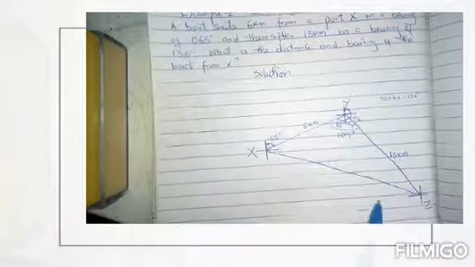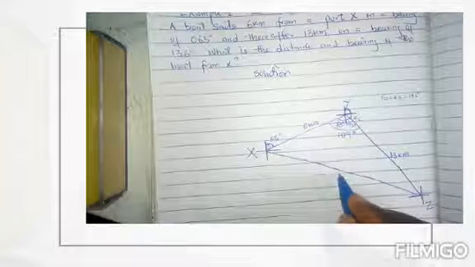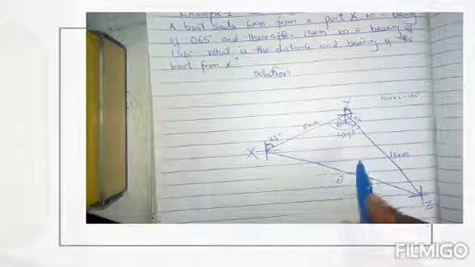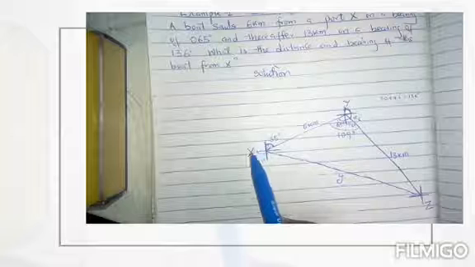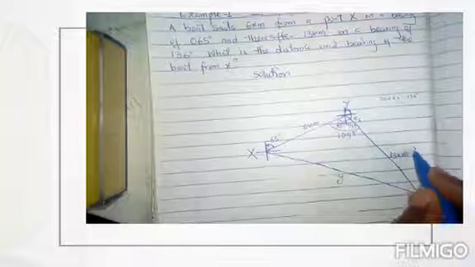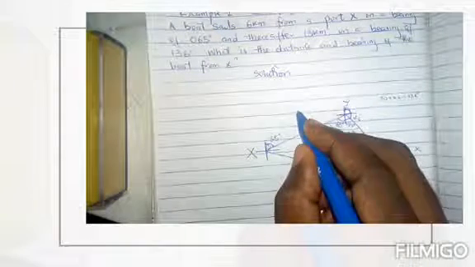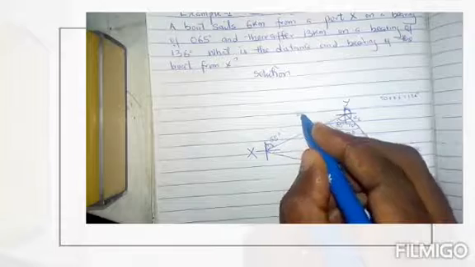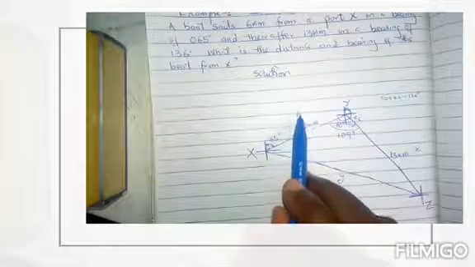So the question is saying that the boat is here. How far is the boat from the port X? So that is this point. I'm going to call it small letter y. Since here is capital letter Y, opposite it is going to be small letter y. This is capital X, opposite it is small x. Then this is Z, opposite is small letter z. Now this is how I write my z to distinguish it from 2.